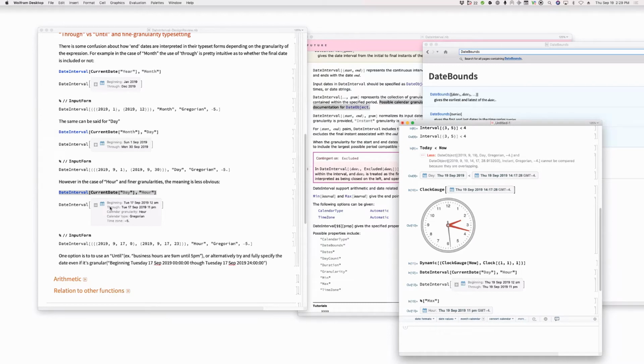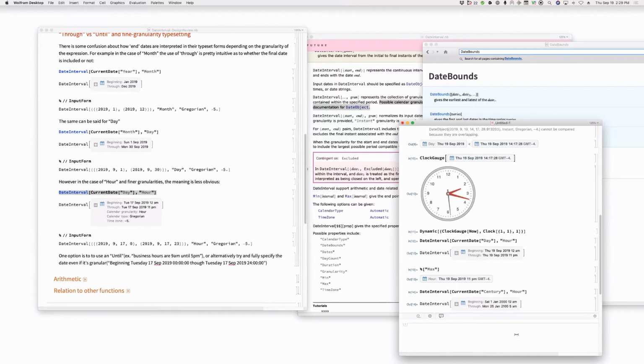It's sort of like the typeset form for our centuries will show the start date and end date. So if you said current date century, I guess that says the 2000s.